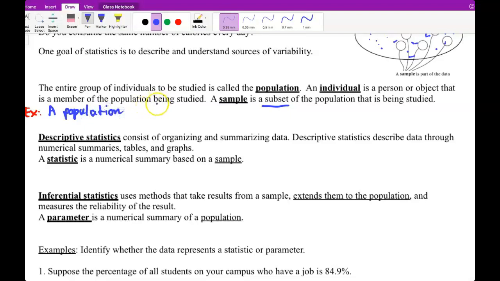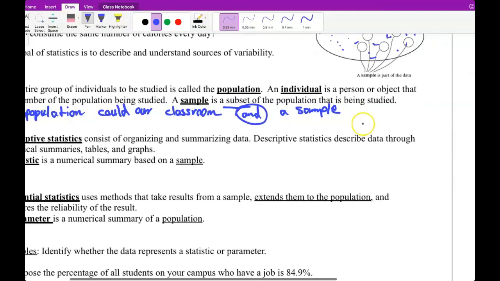The population could be our classroom, and the sample could be all students in the front row.